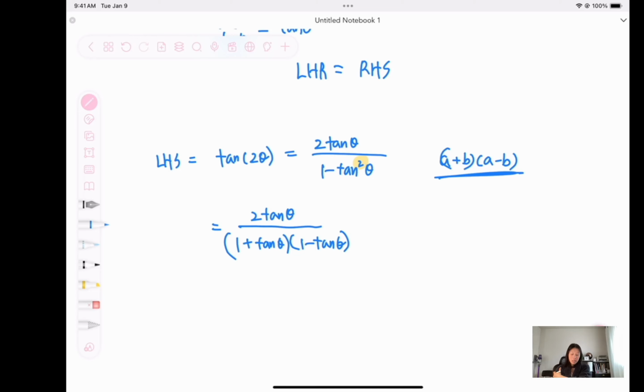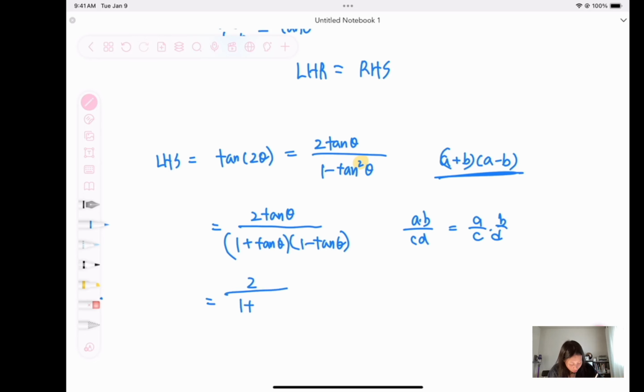Well, since this is a multiplication, I can break this into two. So now we have a times b over c times d. I would like to rewrite it as a over c times b over d. Because that's the multiplication of fractions. So I have 2 over 1 plus tangent theta times tangent theta over 1 minus tangent theta, or the other way around.